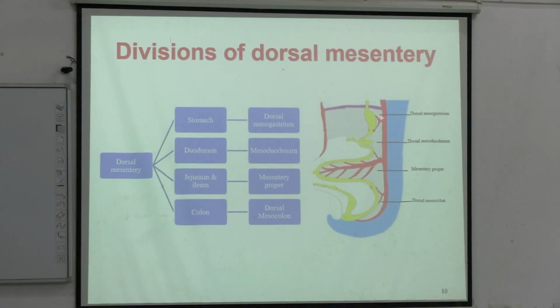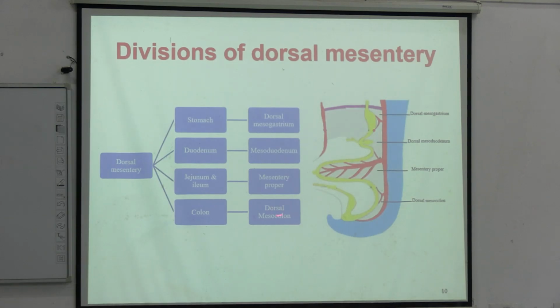Now, focus on the dorsal mesentery. It is present along the entire length, and it has different names. The dorsal mesentery on the back of the stomach we call the dorsal mesogastrium. The dorsal mesentery on the back side of the duodenum we call the mesoduodenum. Behind the jejunum and ileum is the mesentery proper, which you see when you take out the gut tube, wrapping around the jejunum and ileum.